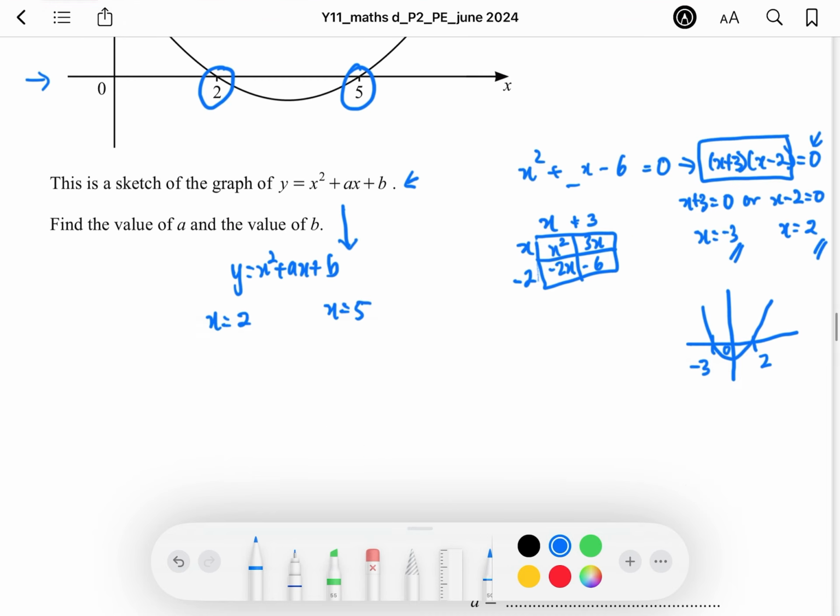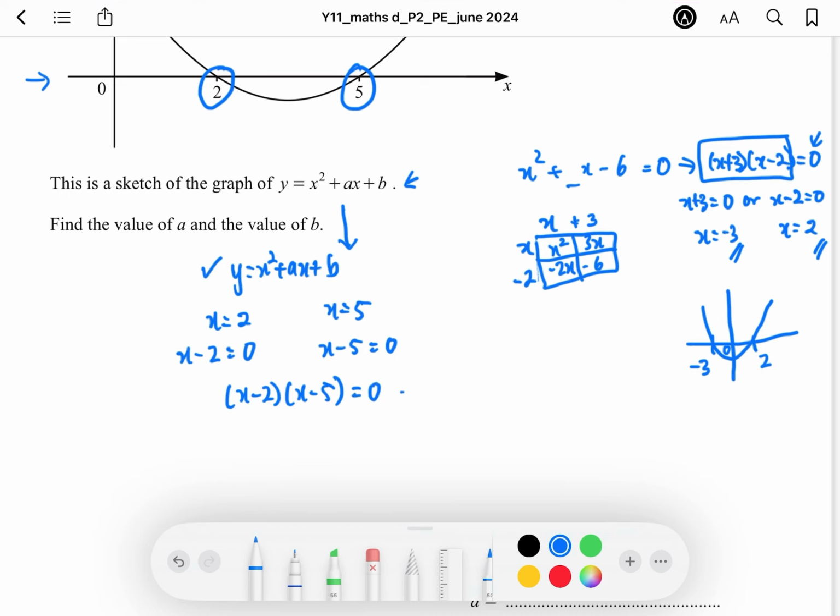Reverse it, that means minus 2 both sides, so x minus 2 equals 0. Minus 5 both sides, x minus 5 equals 0. And that means that x minus 2 and x minus 5 are the factors for this equation.